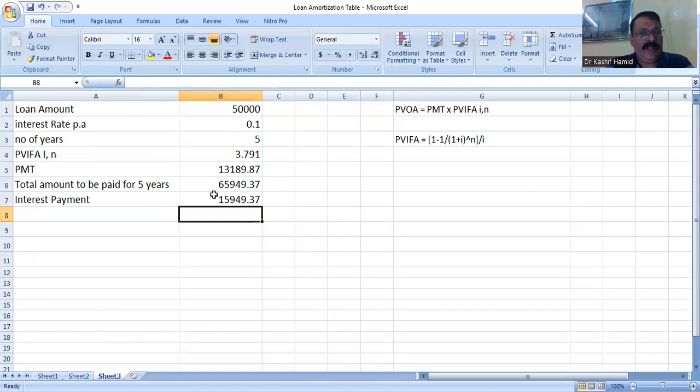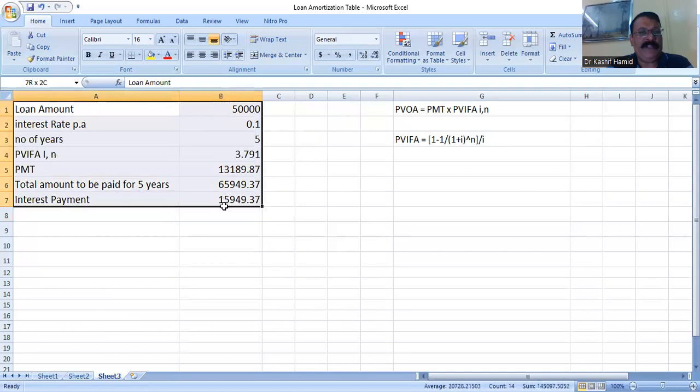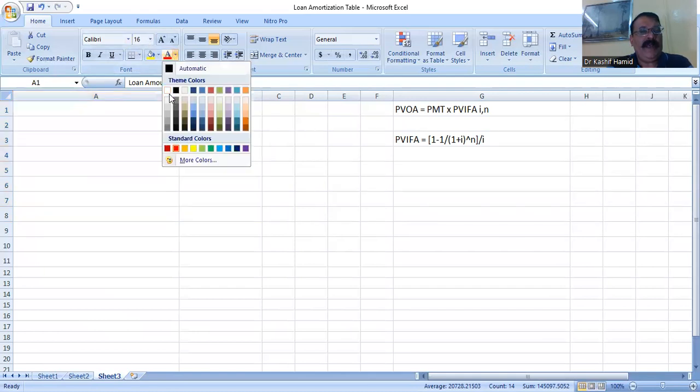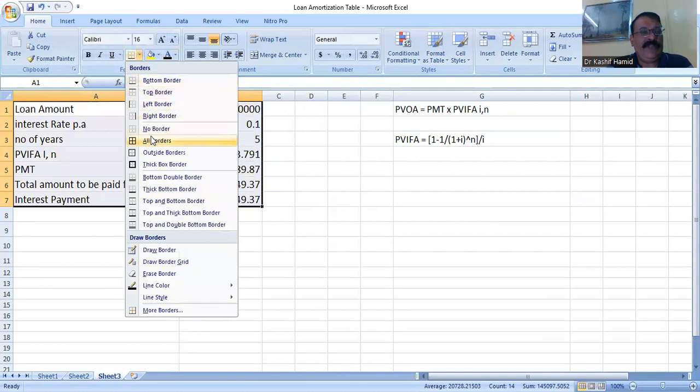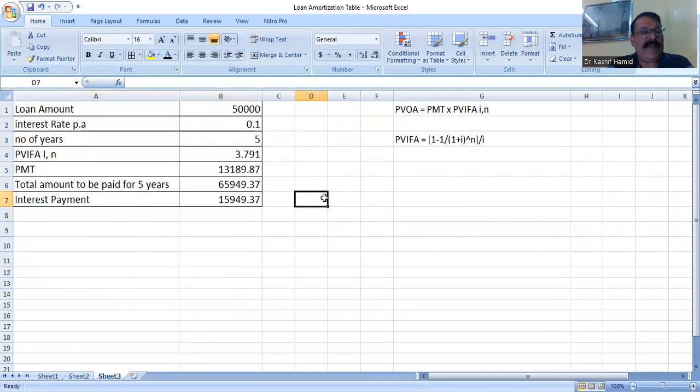Now our first requirement is completed: we have computed the values regarding the interest factor, the payment, the installment, the total amount that is going to be paid over 5 years, and the interest payment.